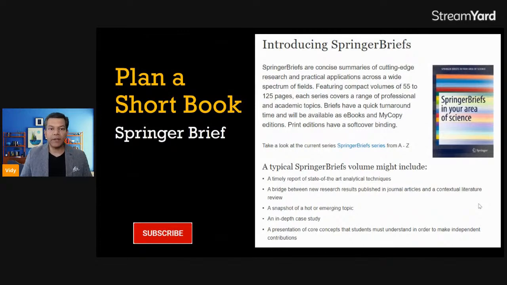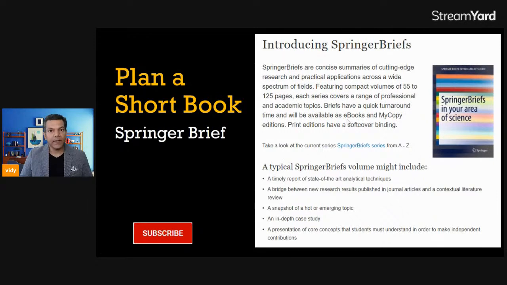One more thing that you can do is plan a short book, an example of which is a Springer Brief. Many of you may know it, many may not, but I thought I'd share it just in case. A Springer Brief is a compact volume of 55 to 125 pages, so roughly 20 to 25,000 words, or maybe 30,000 words.